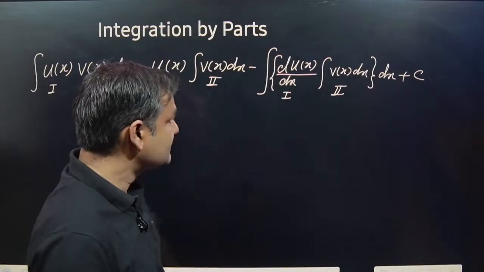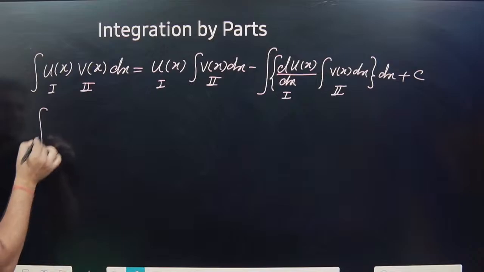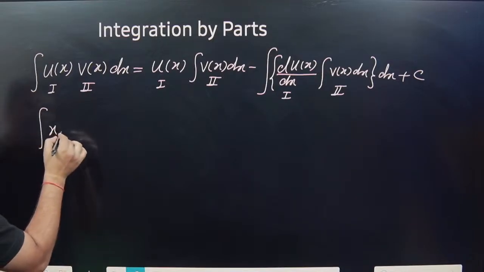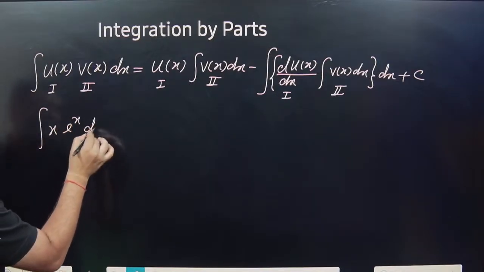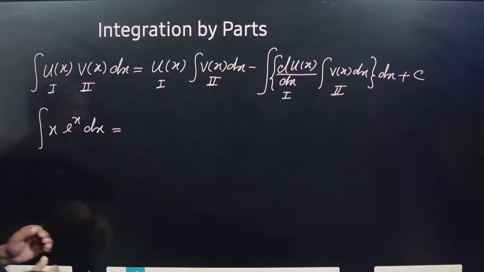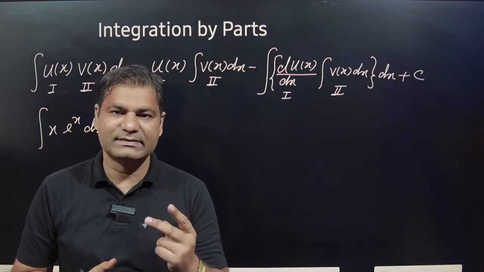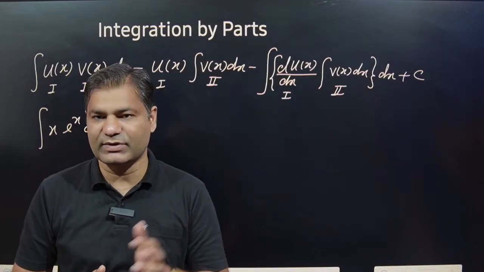Now let us take some problems on the basis of how to apply this. Look here: x into e to power x is given. Here there are two functions, x and e to power x. x is the first function and e to power x is the second function.